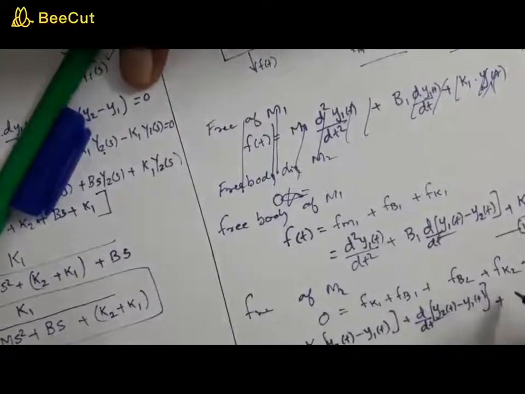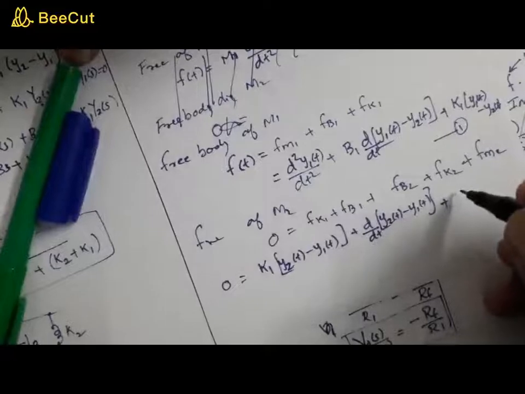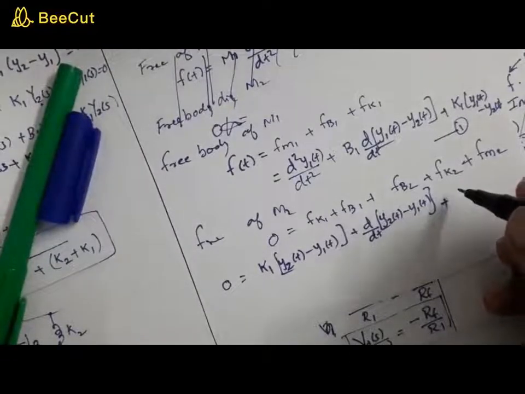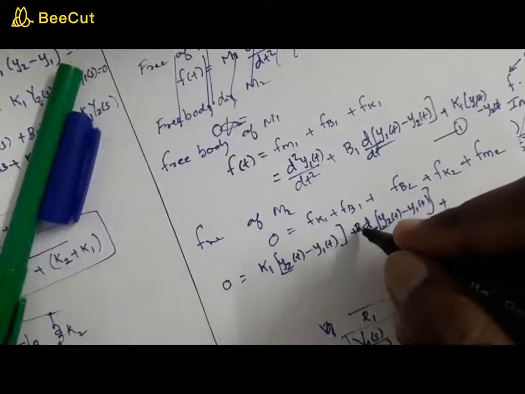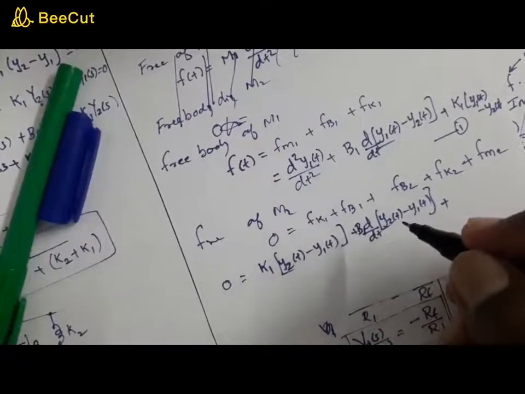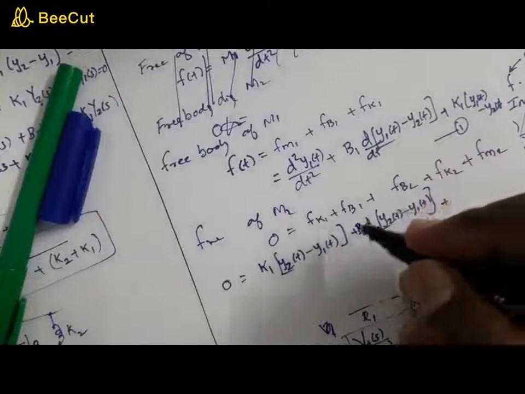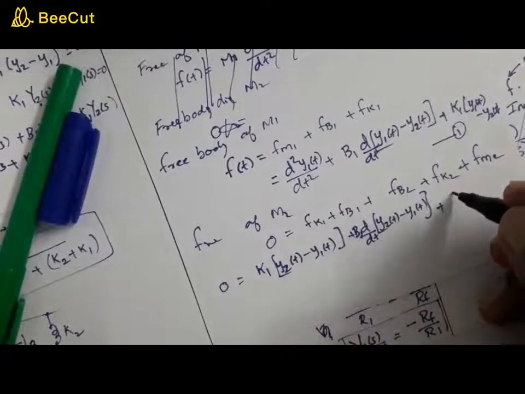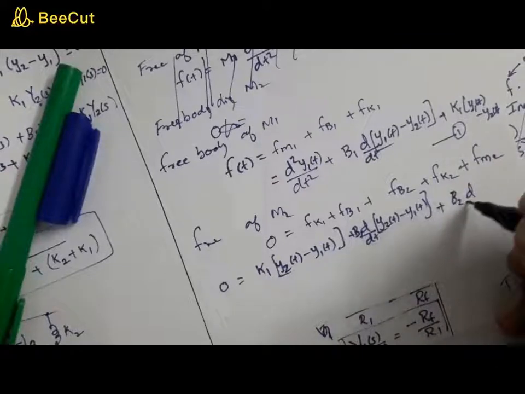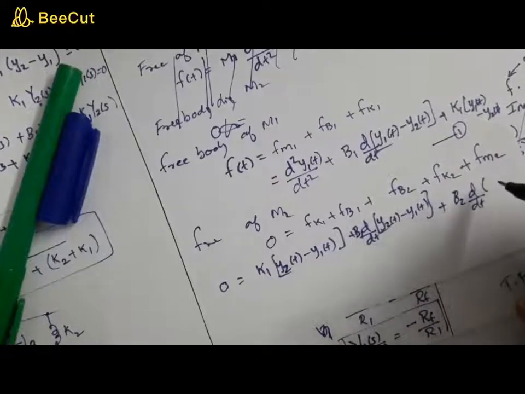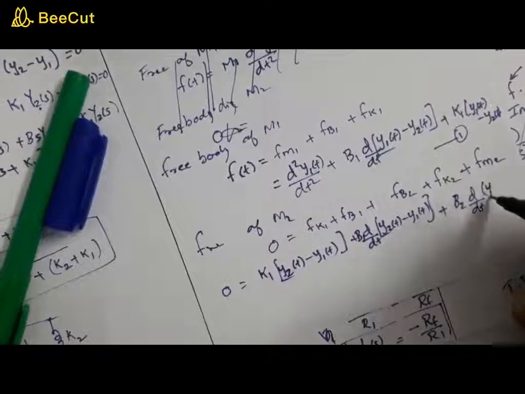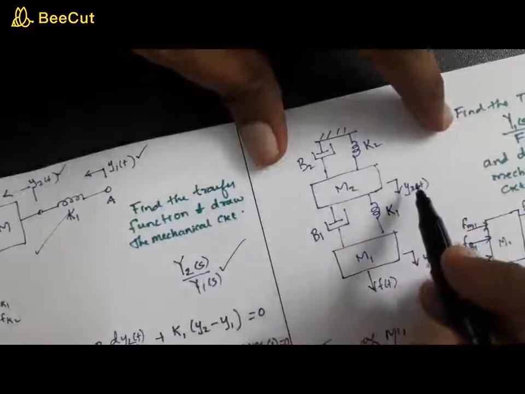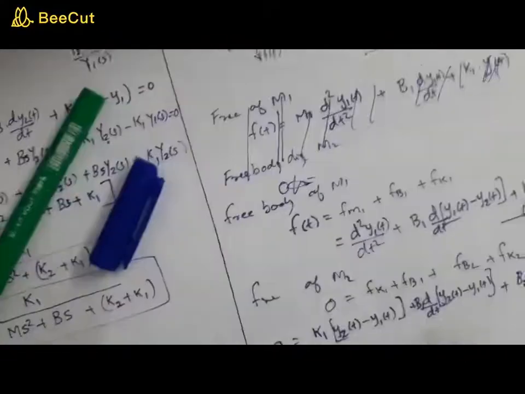That means the force due to this is given by B2 into the derivative, d by dt of y2 of t. Hope you understood this, because this B2 is proportional only to the displacement.